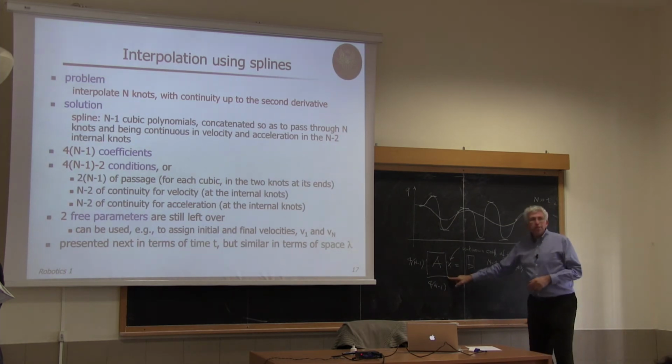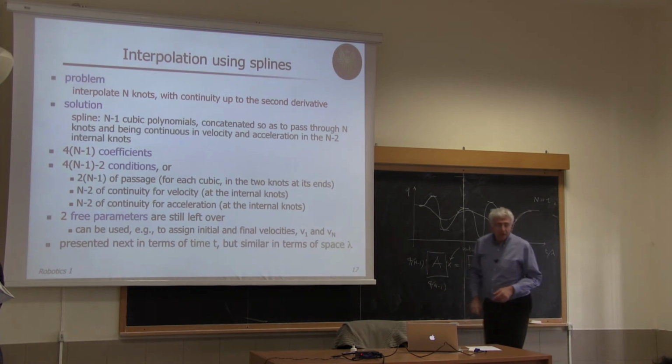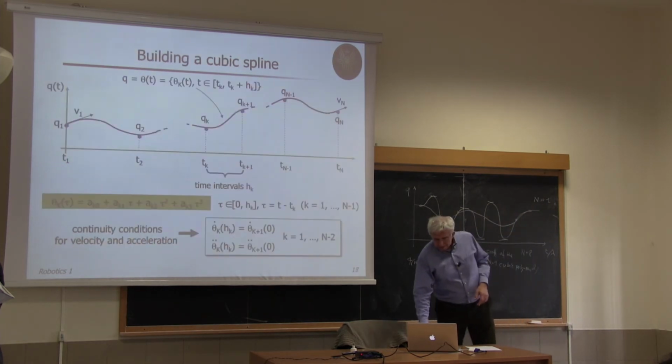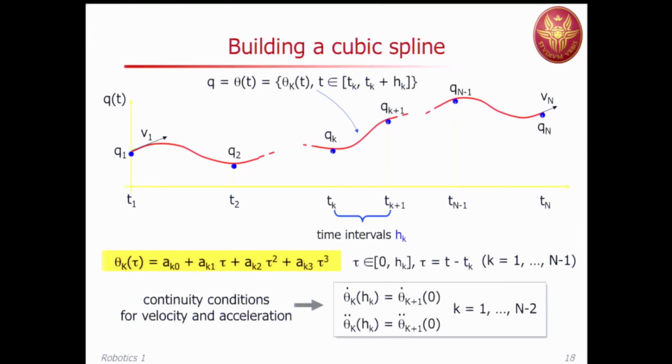But there's a more efficient way of doing this. And this is the algorithm that I will present next. So how do we build this? This is, again, a representation of our problem for the generic joint. So Q1, Q2, Qk, Qk plus 1 up to Qn are the knots.